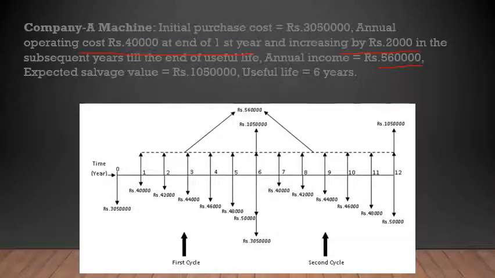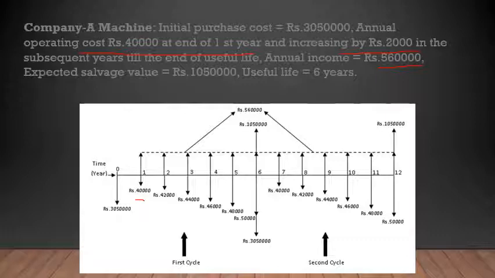Carefully observe. See here, first draw the cash flow diagram for 6 years. How? 30 lakh 50,000 at t equal to 0. First draw up to 6 years. Operating cost of 40,000 in the first year, represent that, which increases by rupees 2,000 for the next 6 years: 40, 42, 44, 46, 48, 50,000.